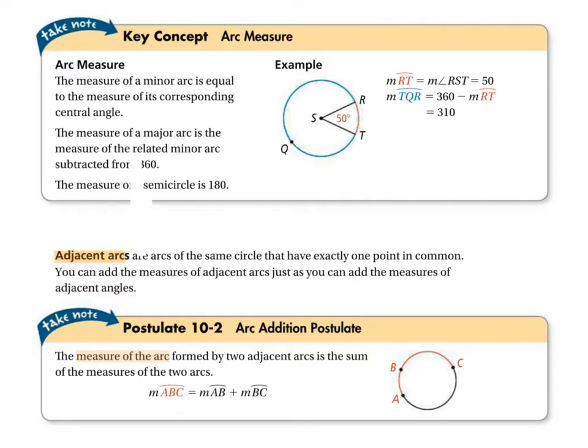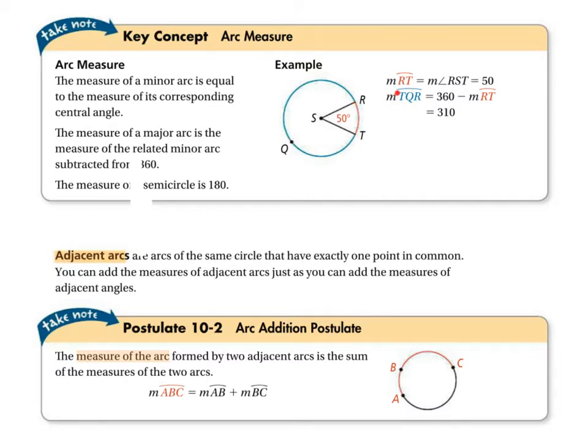Then if we went from T to R through Q, the long way, the major arc, we would say that's the whole 360 minus this 50 degrees. 360 minus the minor arc is 310. This 50 plus this 310 makes the whole 360. So you can subtract from 360 to find out what that major arc is.